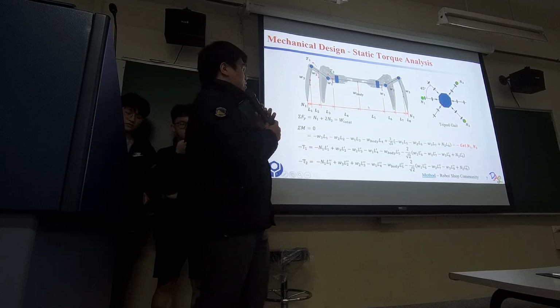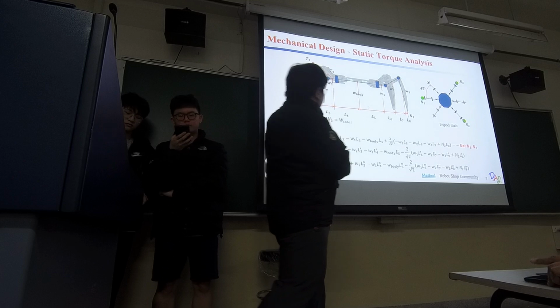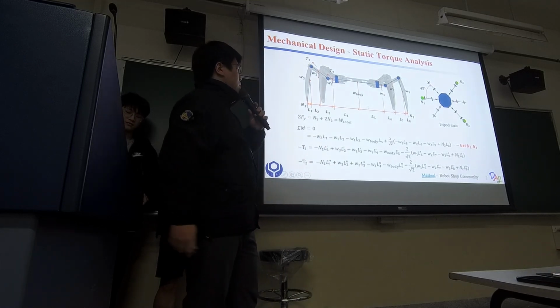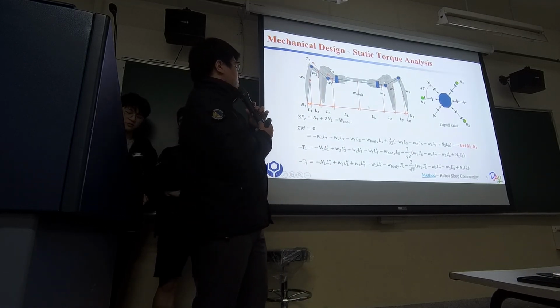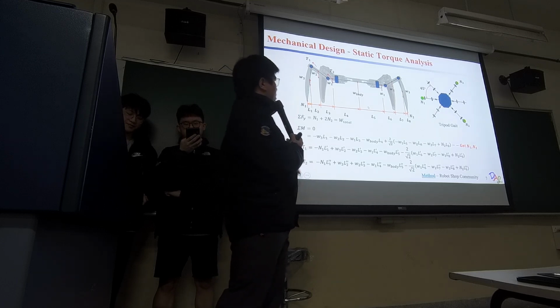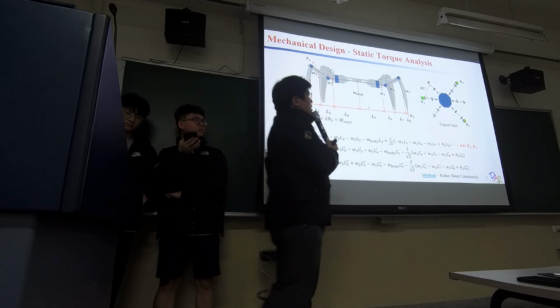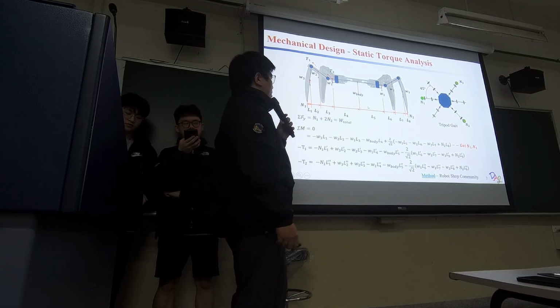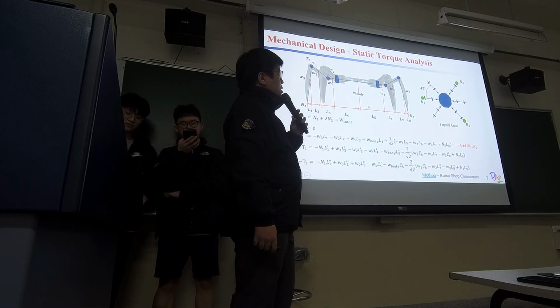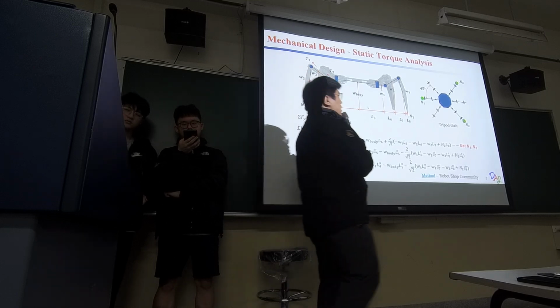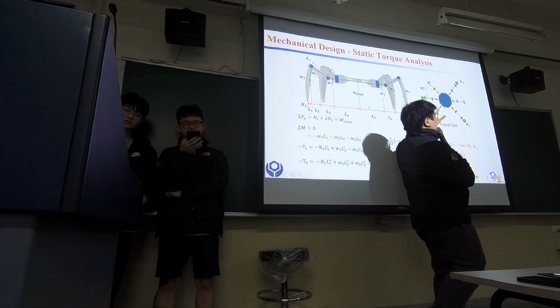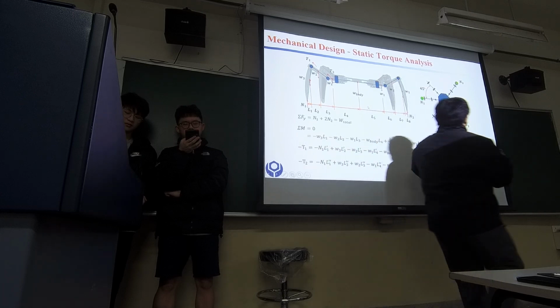And then we use these two equations to find N1 and N2, and use them to derive our T1 and T2, which are what we call the knee joint and hip joint torque requirement.